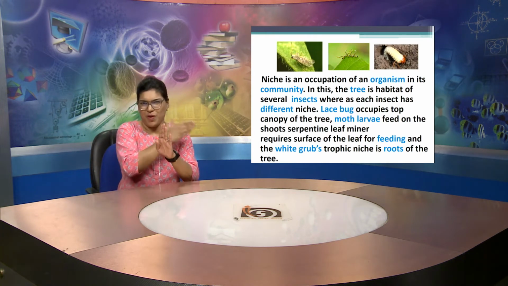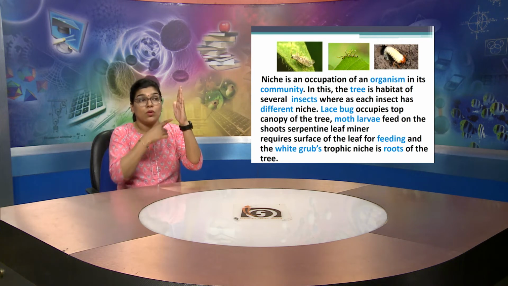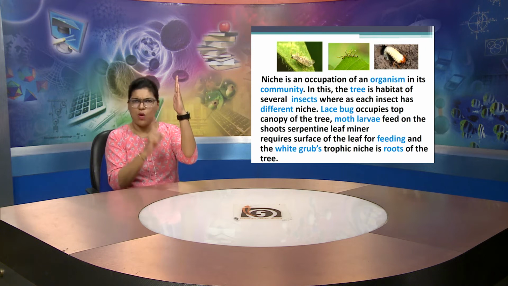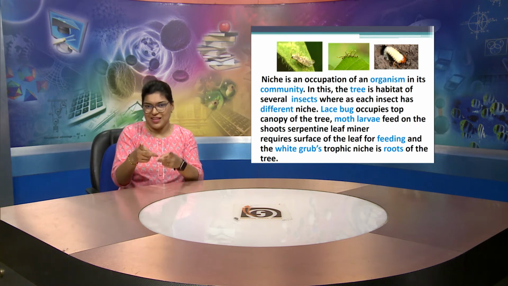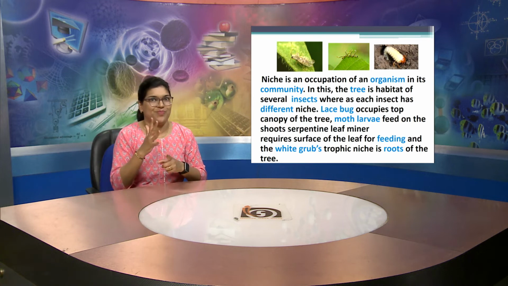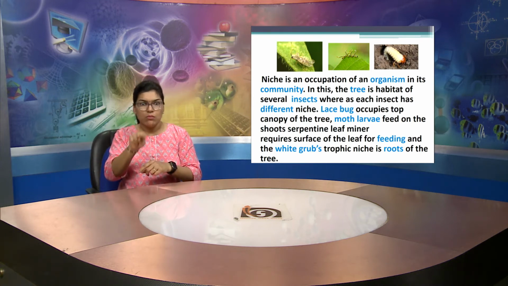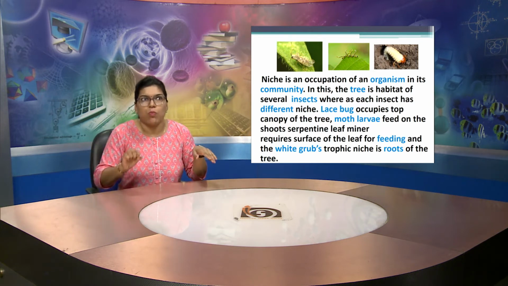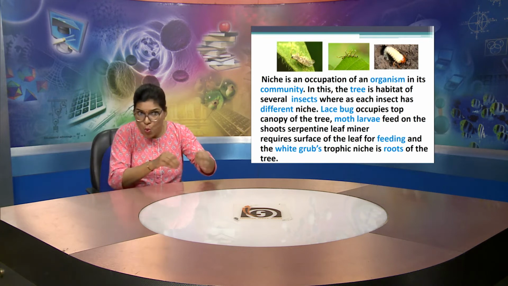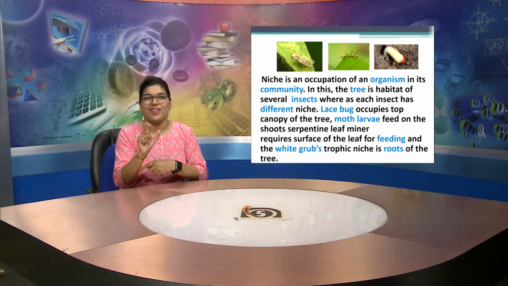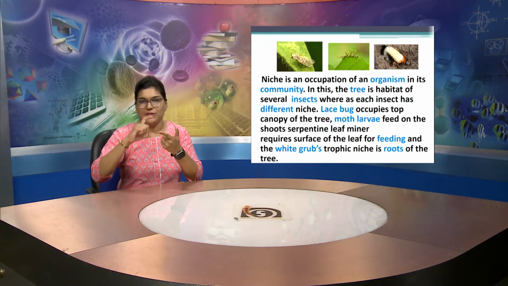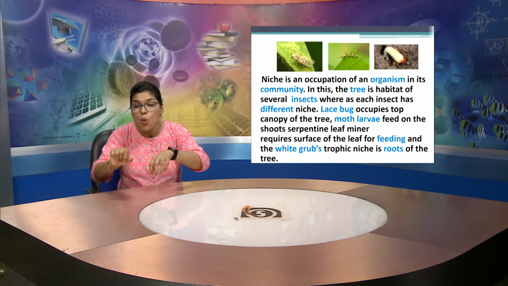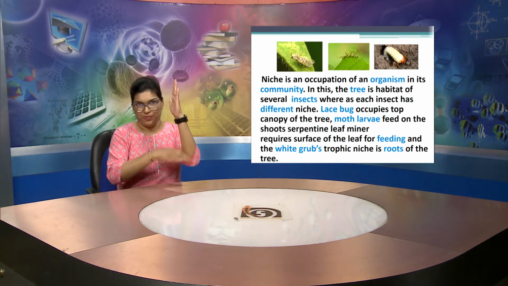And here on screen you can see, just like the previous image you had seen, a tree has different organisms whose habitat is different. Birds live on top, insects live on the different part of the plant or tree, and there are some insects which are under the ground also.